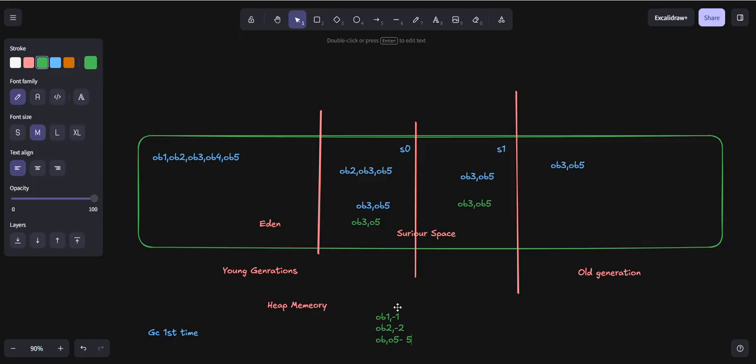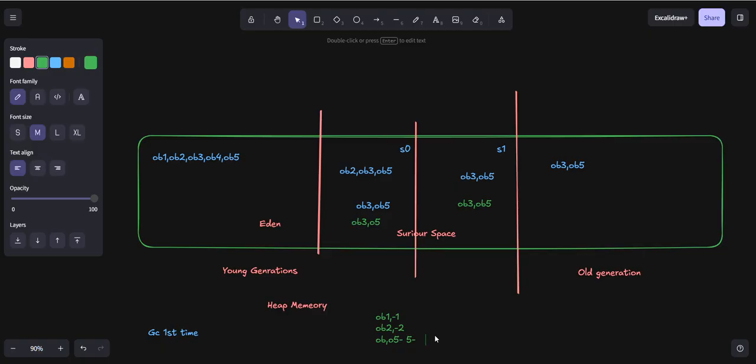So this number indicates aging. This is the age of the object. The garbage collector ran 5 times and the object is still referenced, so the number is 5. We call it the age. It will keep moving those objects from S0 to S1, S1 to S0, till the aging reaches a certain limit.